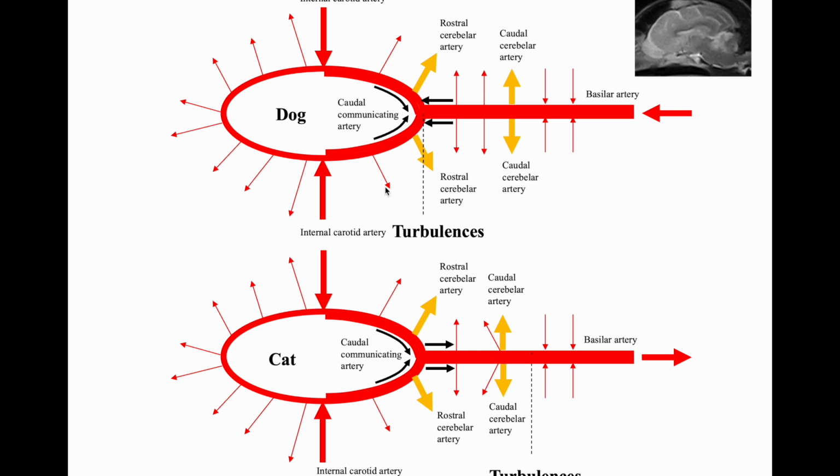I was commenting in the previous video that this situation may be the cause of more rostral cerebellar infarcts in dogs compared to the cat, due to possible turbulences created by the blood from the caudal communicating arteries meeting the basilar artery.